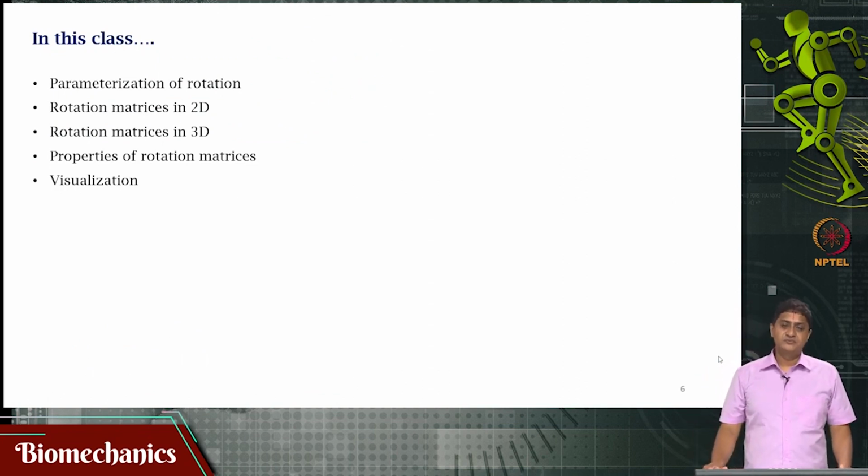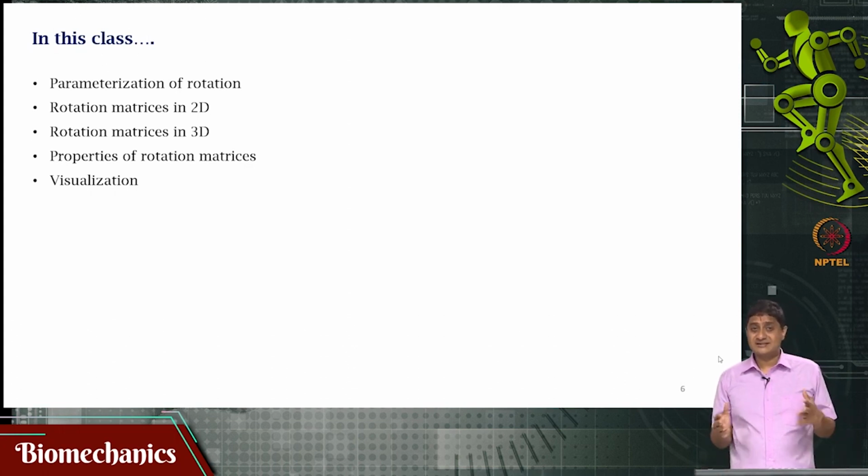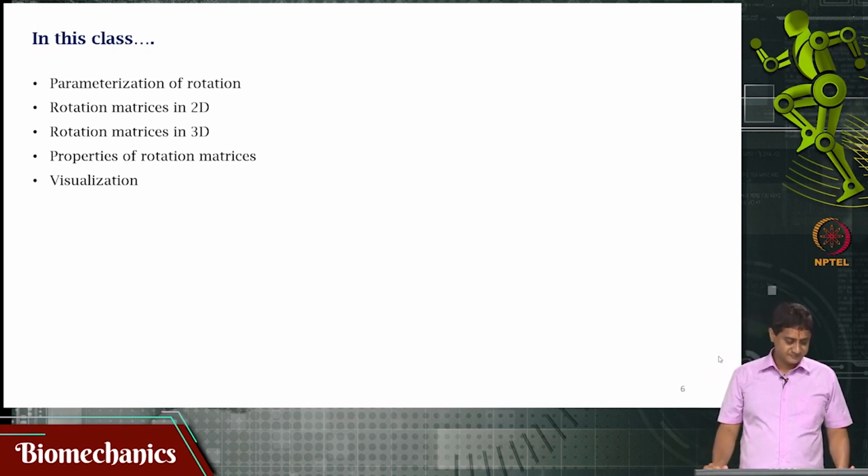In this video, we focus our attention on how we parameterize rotation, what rotation matrices are, what rotation matrices in 2D are, what rotation matrices in 3D are, and some crucial properties of rotation matrices that help us analyze this kind of data with some ease, and visualization.